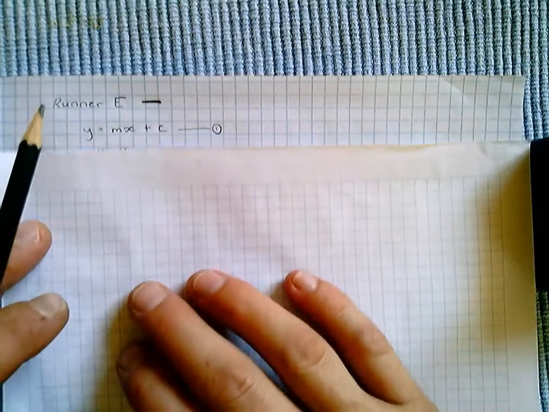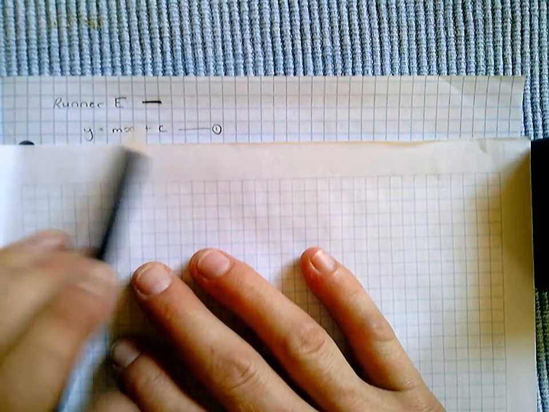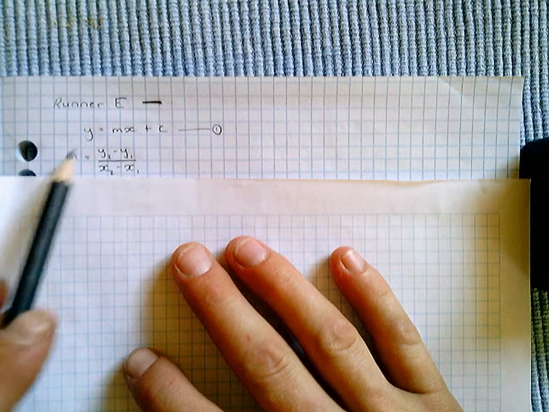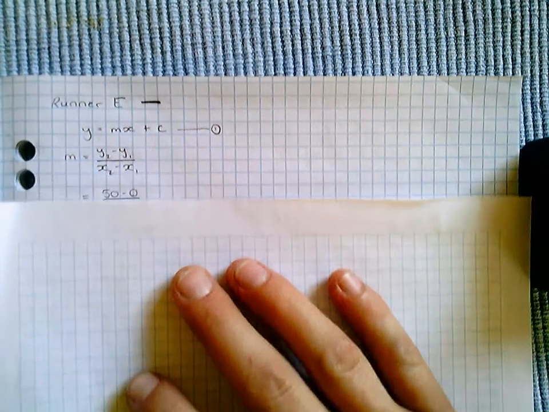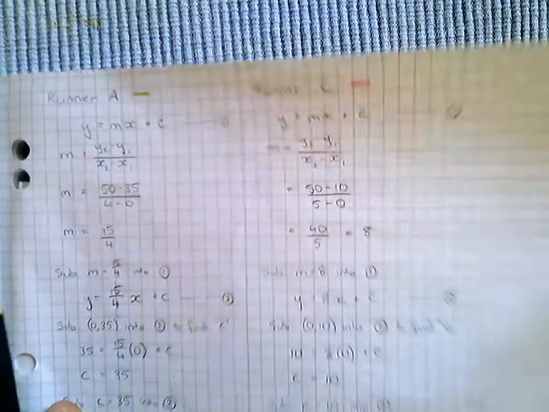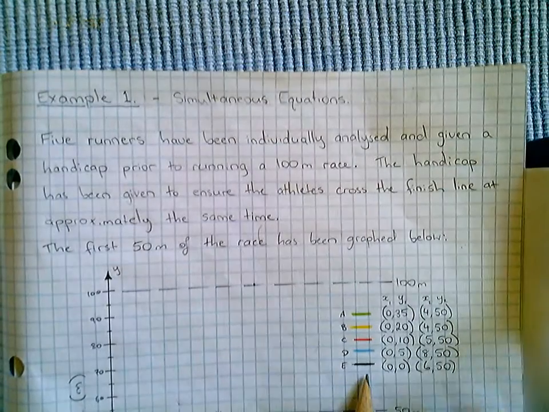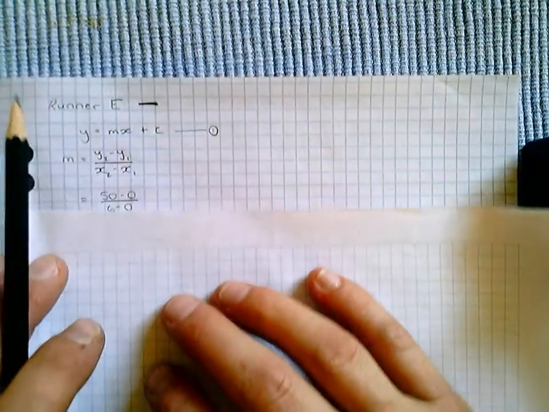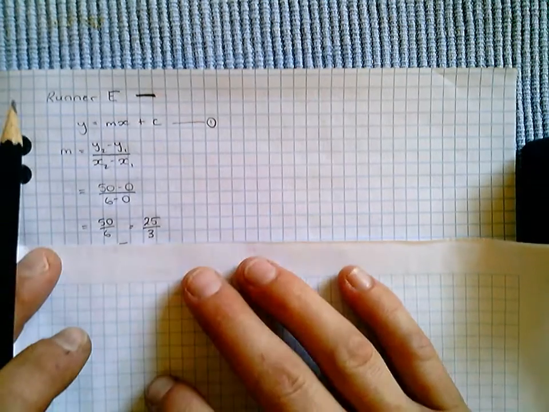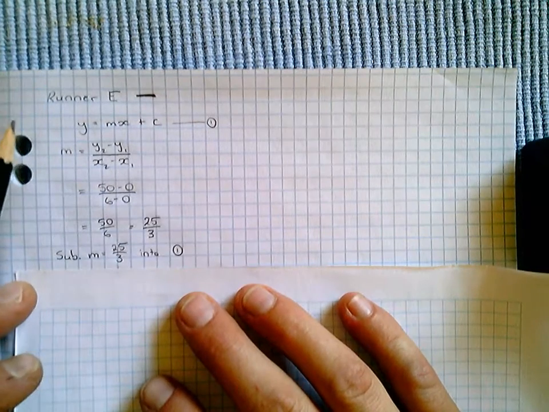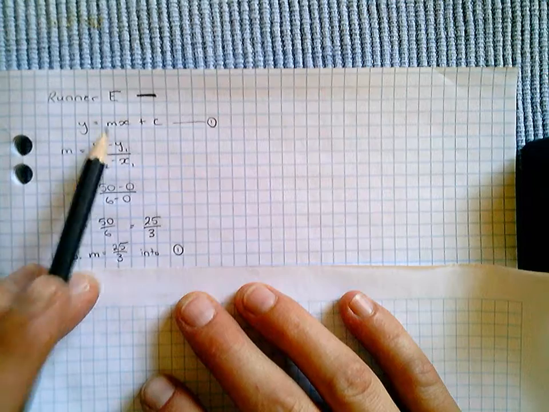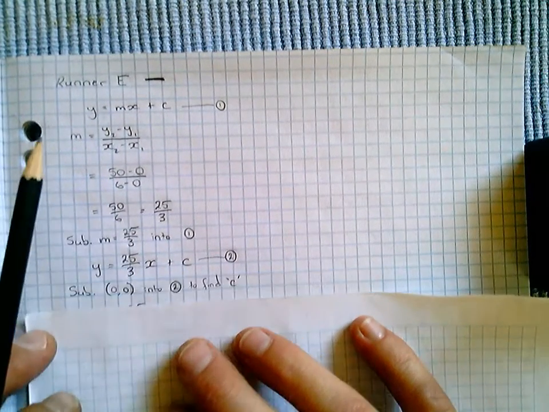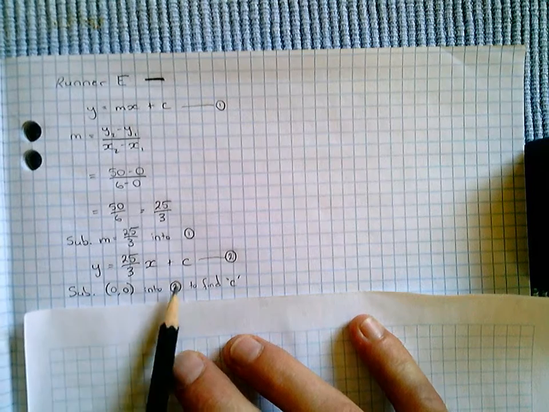Last but not least, runner E. We write equation 1, our general form for a straight line, and define our gradient or formula for gradient, rise over the run, before substituting the coordinates for runner E into that equation, simplifying and then substituting it back into equation 1 up here to give us equation 2, which we then need to find C by substituting one of those coordinates back into 2.